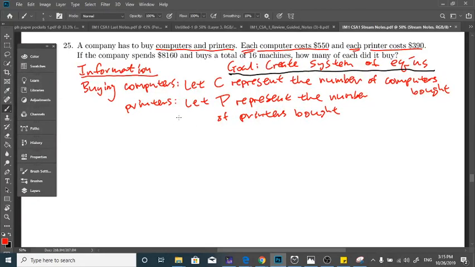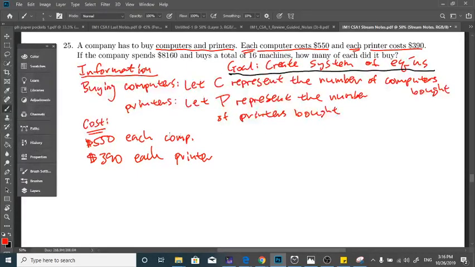So again, information. We have information about cost. $550 each computer. I'm just going to abbreviate computer. And then $390 each printer. So we know information about cost. And then now, how about amount bought?